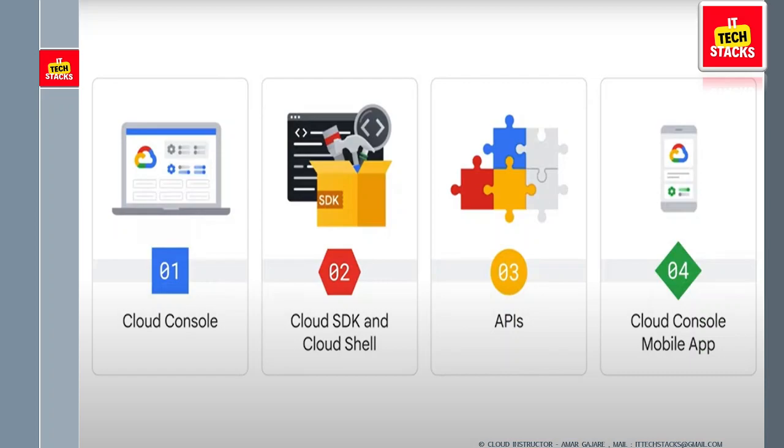Okay. So now we have seen so far what is cloud computing, cloud security, IAM roles. Now we'll see how the cloud can be accessed. Cloud can be accessed in a variety of ways, and a few of these are listed here.